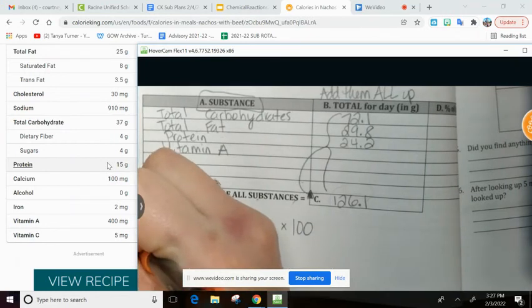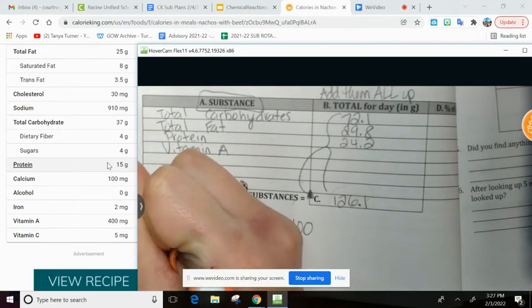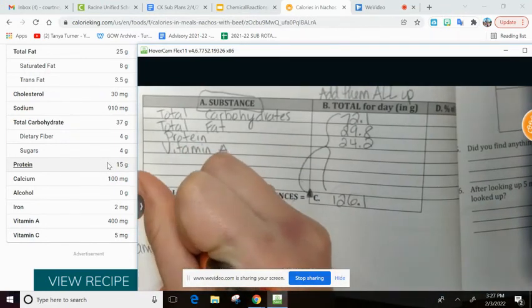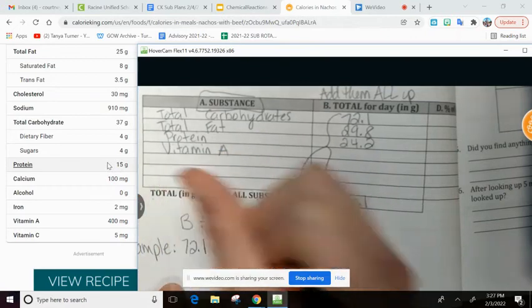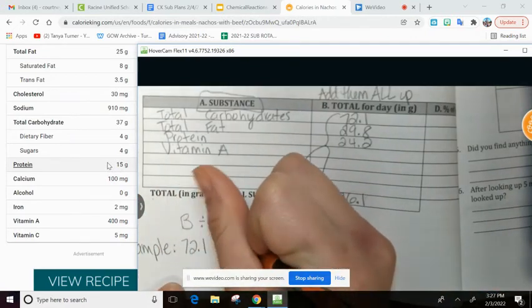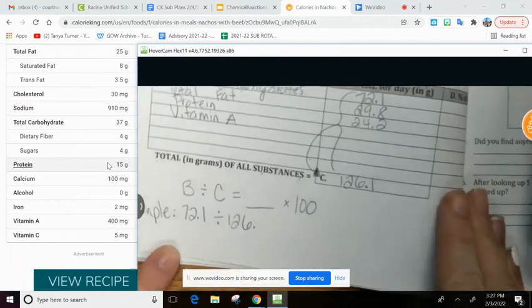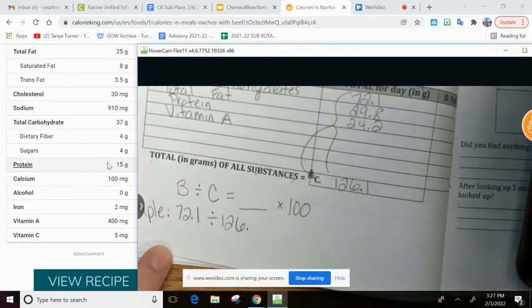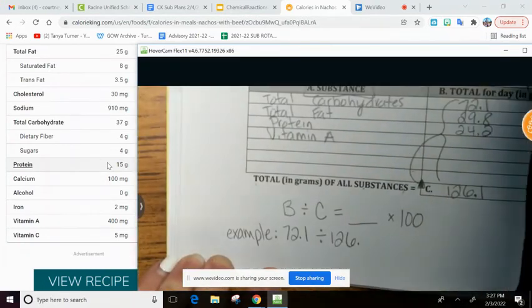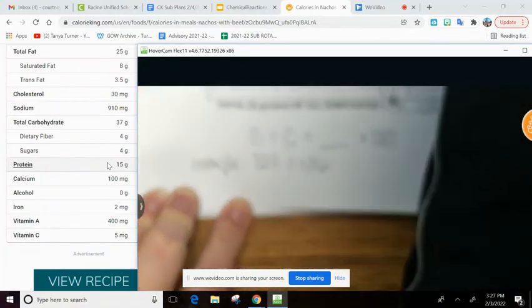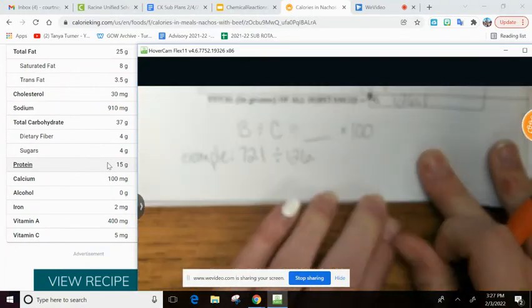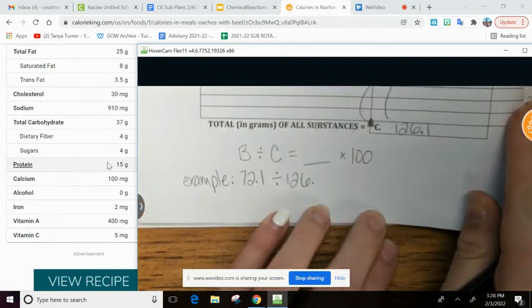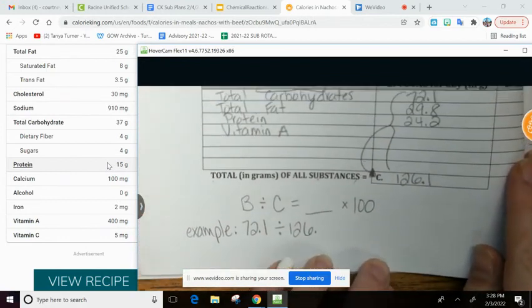So we'll do an example together. I'll write it out for you. So let's do our total carbohydrates as an example. We're going to take the 72.1 grams that you added up in your total day. We're going to divide it by our total, box C, of 126.1 grams.